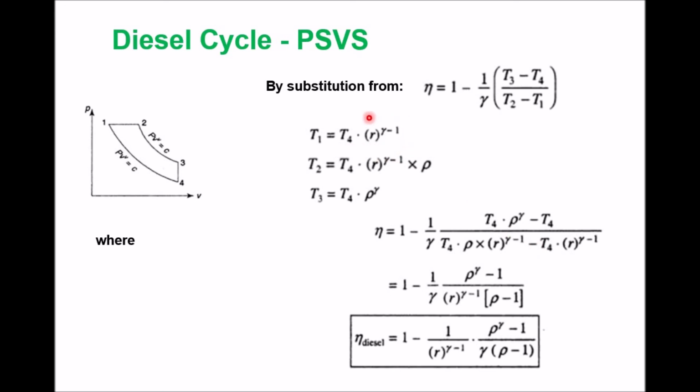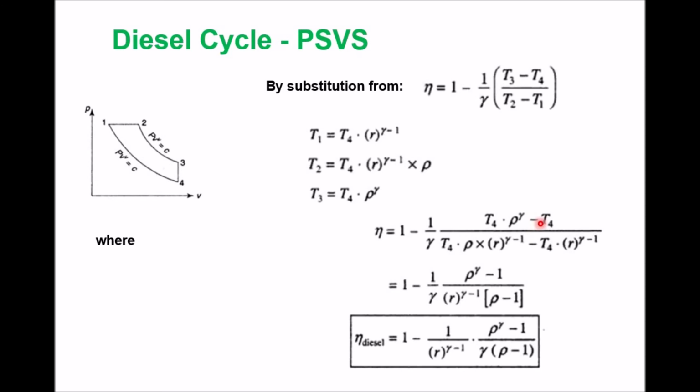As you can see, this is the expression written here. Then again, we simplify this expression. So that is 1 minus 1 over gamma. Collecting the factor T4, we have here T4 times rho raised to gamma minus 1.